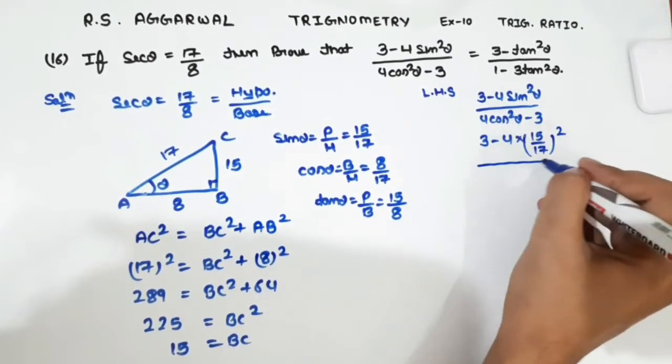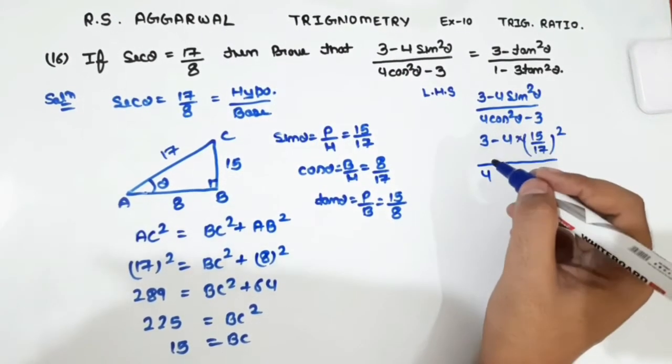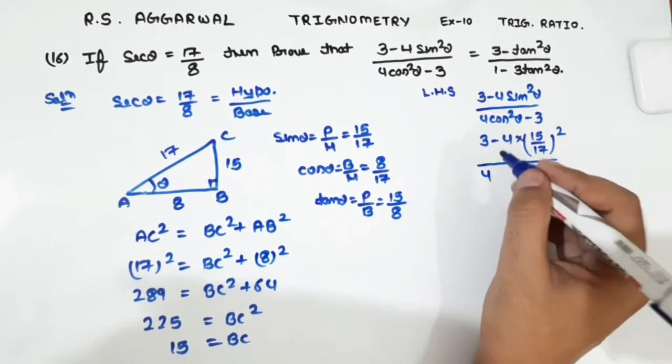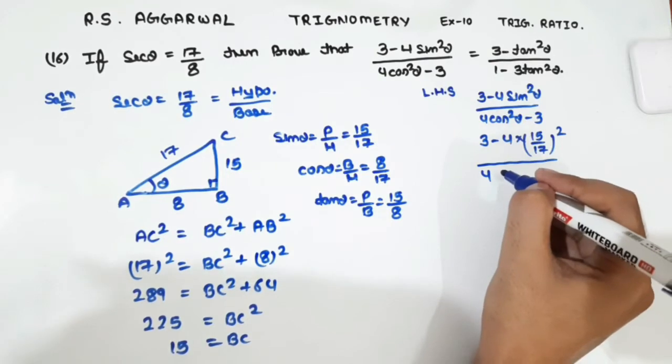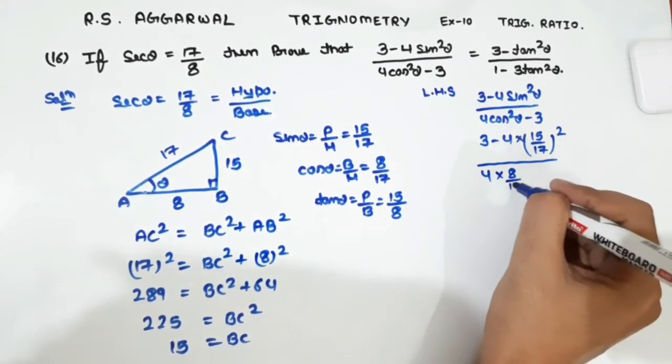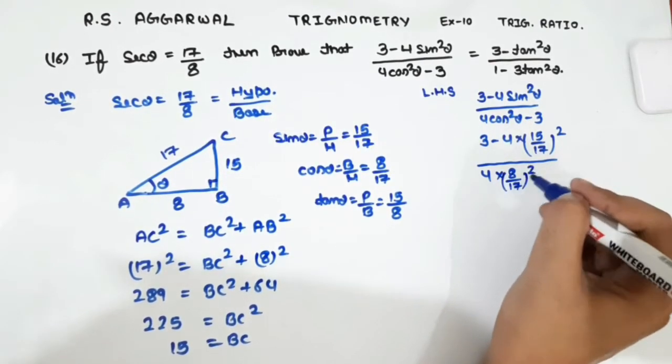Cos theta is 8 upon 17, so cos square theta will be (8 upon 17) square.